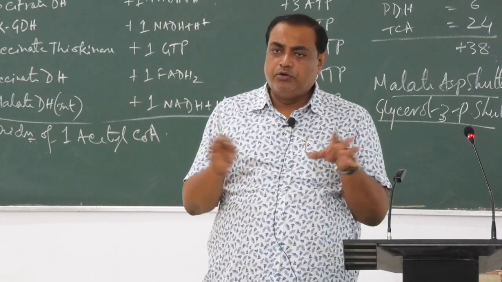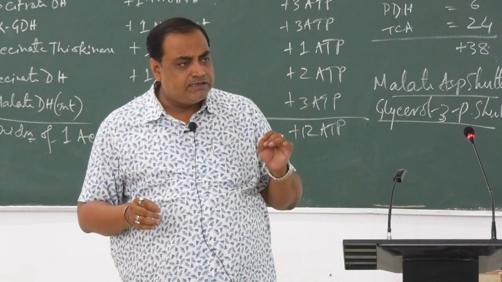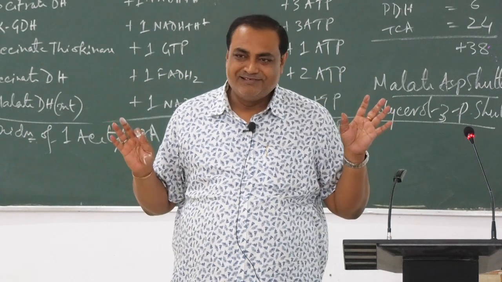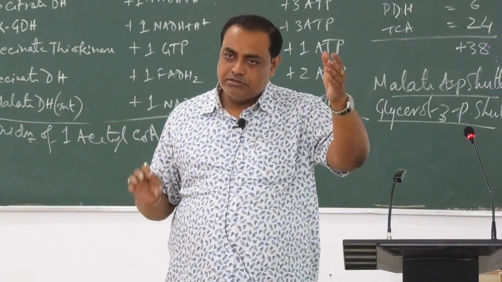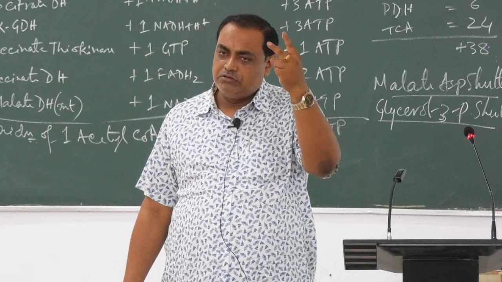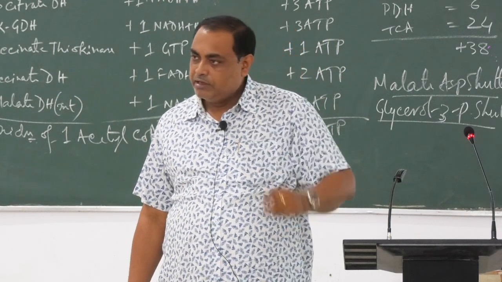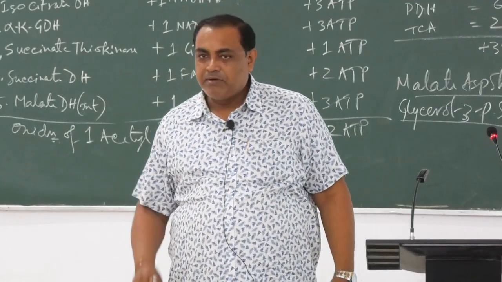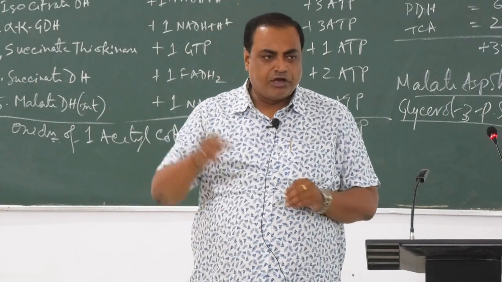Now, we don't know which NADH is going through which shuttle. Oxidation of glucose in glycolysis produces 2 molecules of NADH plus H plus, at step number 6. I give you 3 options.